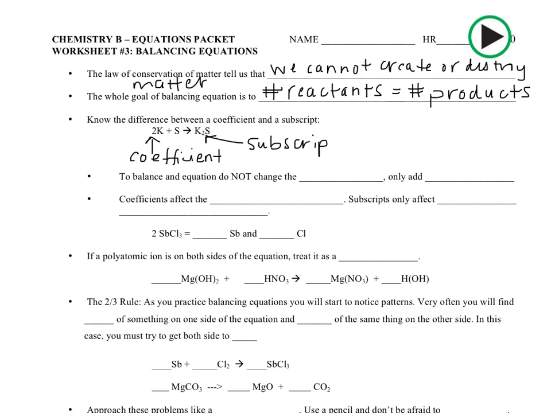Now, for some of you, Chem A was a while ago, but if you think back, you may remember how we figured out to put that little subscript 2 next to the K. It was because we swapped and dropped, right? We said, oh, K has a +1 charge, and S has a -2 charge, and now we're going to swap and drop, so we have to have 2 potassiums combining with every sulfur because we need to have as many positive charges as negative charges.